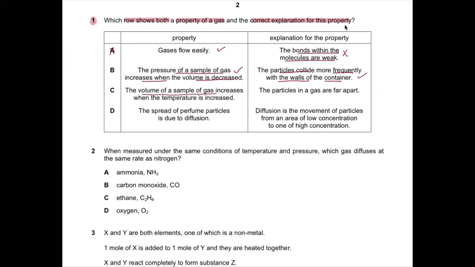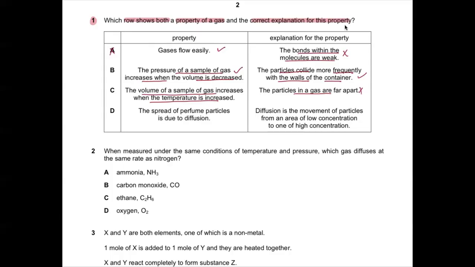The volume of the sample of gas increases when the temperature is increased. Yes, this is correct. If you increase the temperature, the volume of the gas is going to increase. But the explanation, that the particles are far apart, is the normal characteristic of a gas.